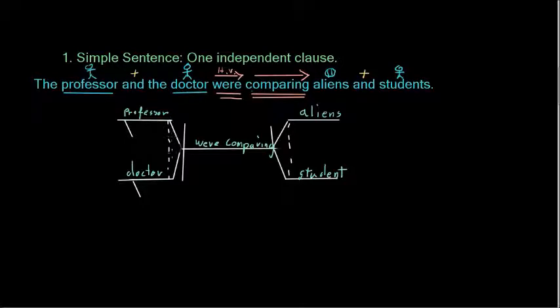Okay, now let's go ahead and put our article modifiers here. The professor and the doctor, we're comparing aliens and students. Now, we have dotted lines here, and that's where dotted lines join things together. Sometimes they're words, sometimes they're phrases, sometimes they're clauses. If you have a conjunction, it goes on the dotted line, and in this case we do have a conjunction.